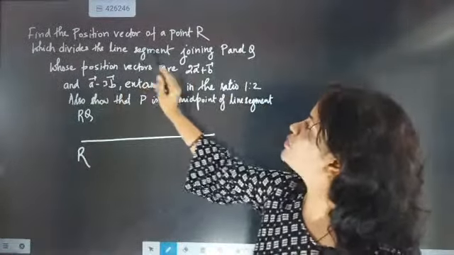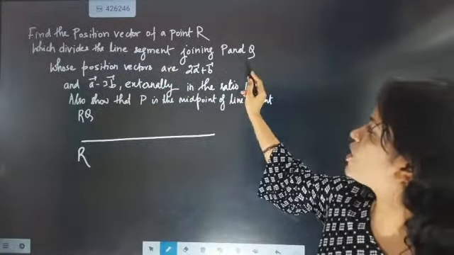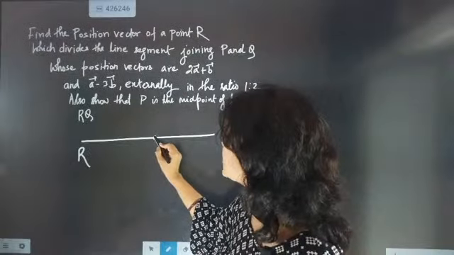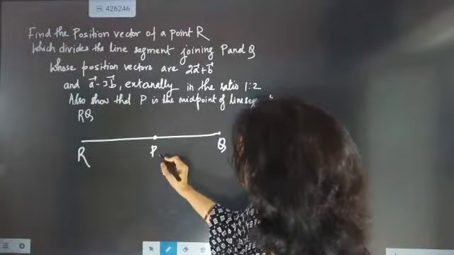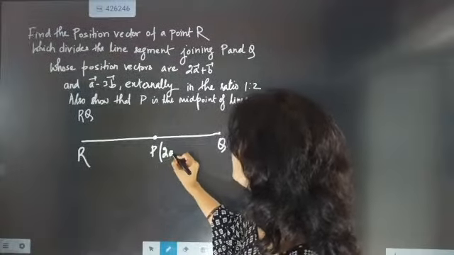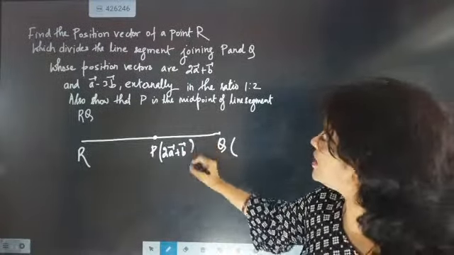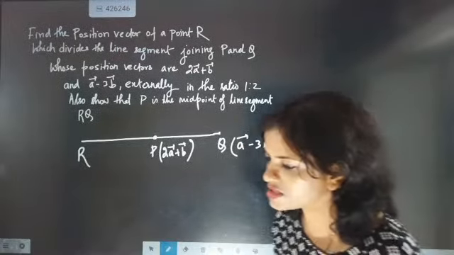Listen, find the position vector of point R which divides the line segment joining P and Q, whose position vectors are, what are the position vectors? P position vector is coming as 2a vector plus b vector, Q position vector is coming as a vector minus 3b vector.